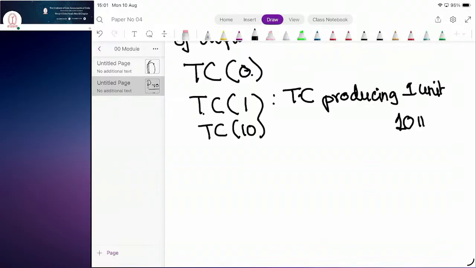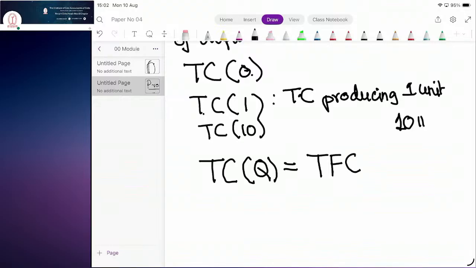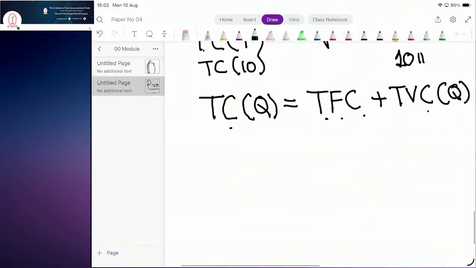Okay. Traditionally in economics, we can break this total cost of producing Q units between total fixed cost and total variable cost. Okay. So what is TFC?